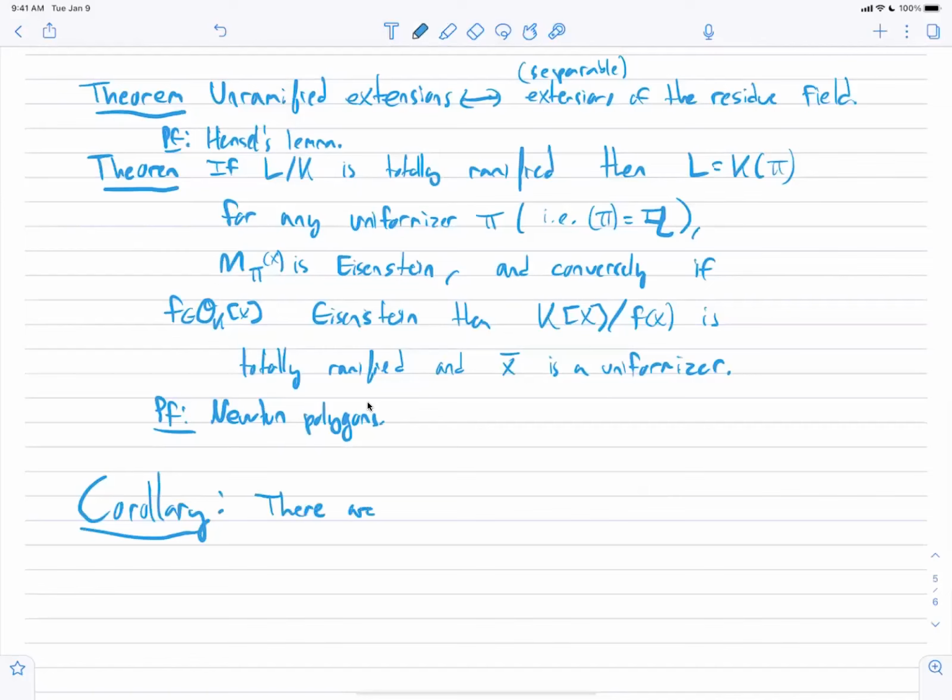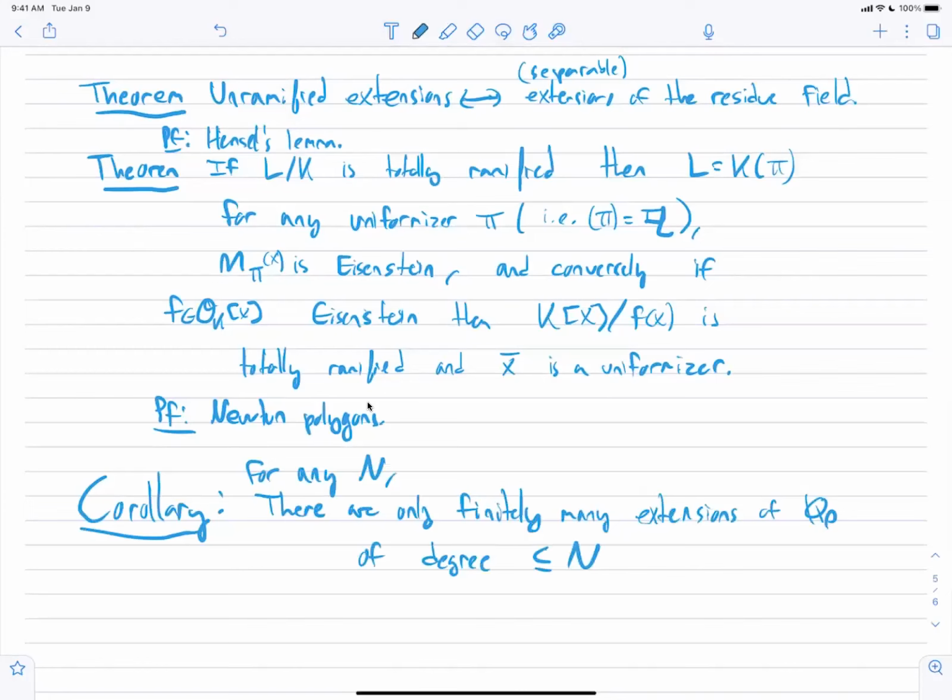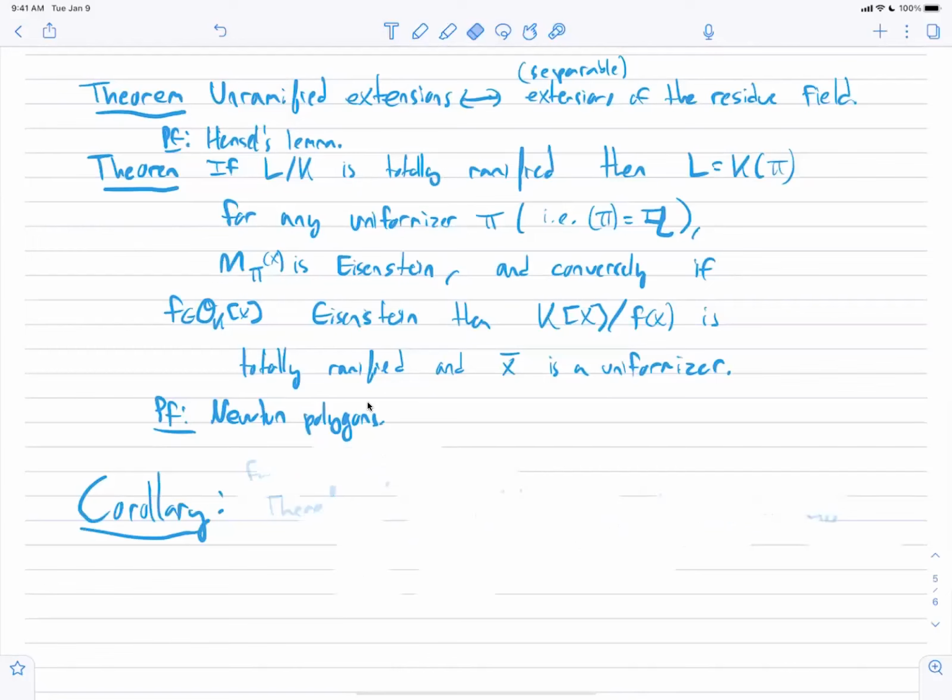There are only finitely many extensions of Q_p. So for any n, of degree less than or equal to n. Let me say this more carefully. This is true up to isomorphism.